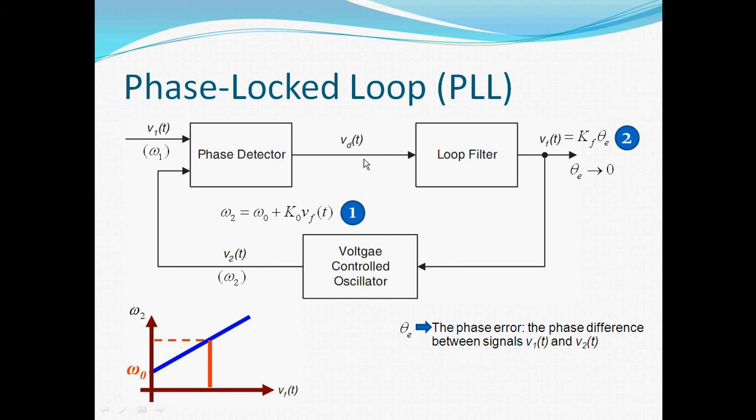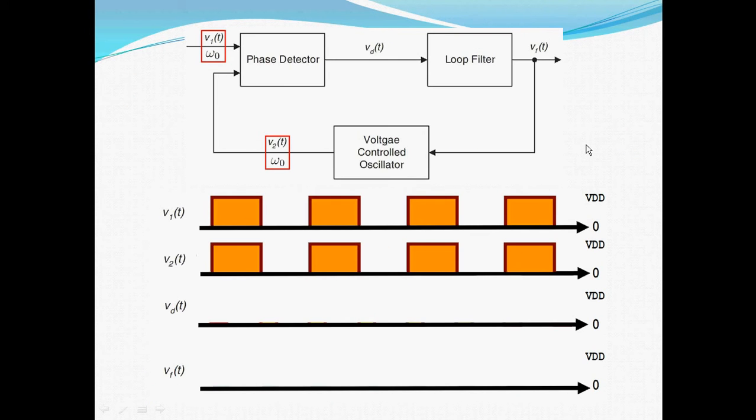The output signal Vd consists of a DC component and a high-frequency AC component. Since the latter is undesired, it is cancelled by the loop filter. In general, the output of the loop filter is approximately proportional to the phase error theta E. The former is given by equation 2, where Vf equals Kf times theta E, and Kf represents the gain of the loop filter.